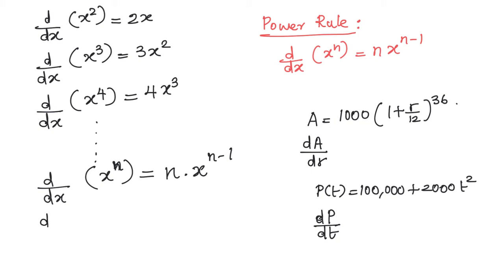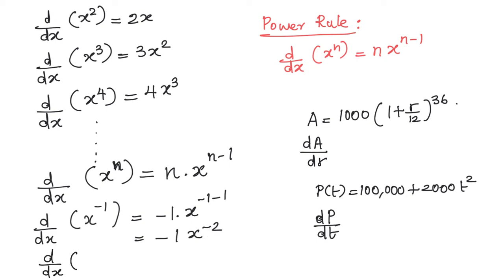Let's do one more example. Derivative of x power negative 1. We can apply the power rule: negative 1 times x power negative 1 minus 1, so it will be negative x power negative 2. We are bringing the exponent in front and subtracting 1 from the power.